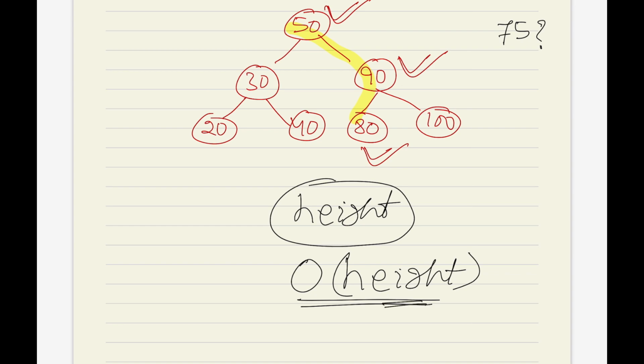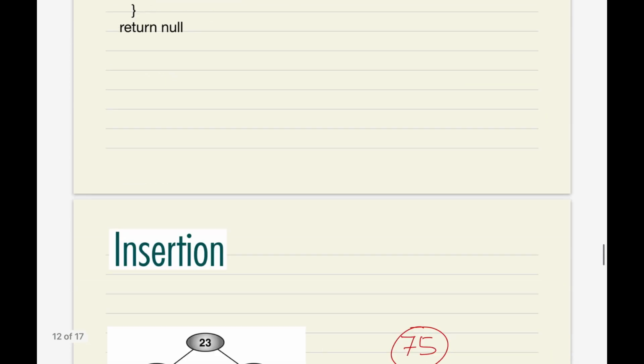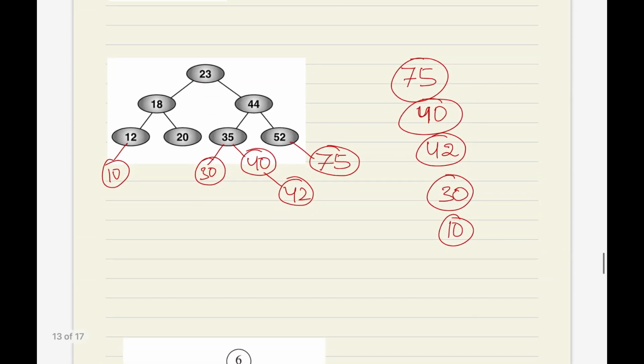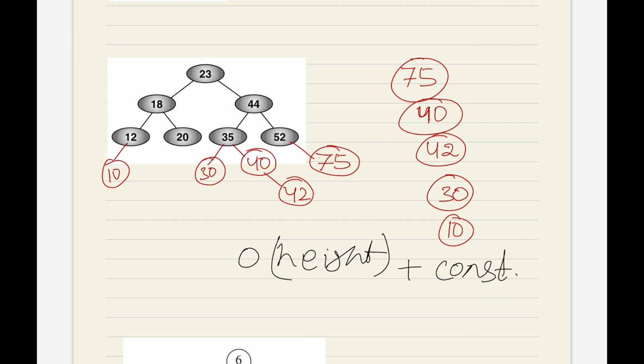Now consider the insertion operation. For insertion, first we need to find the place where we want to insert the node. For finding, the time complexity is order of height, and once we find the position where we want to insert, we just update the reference values. That is a constant amount of time.